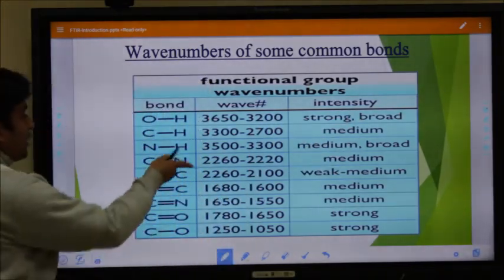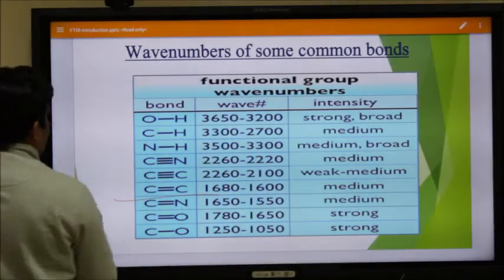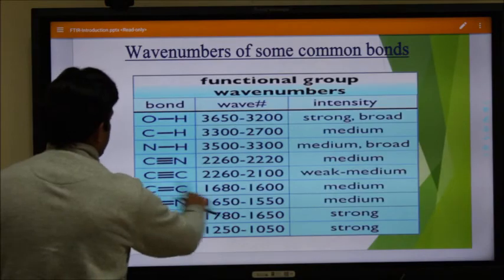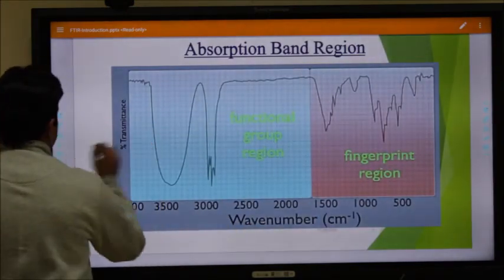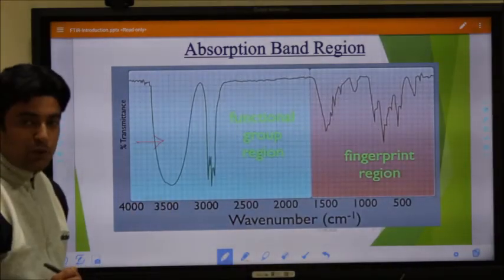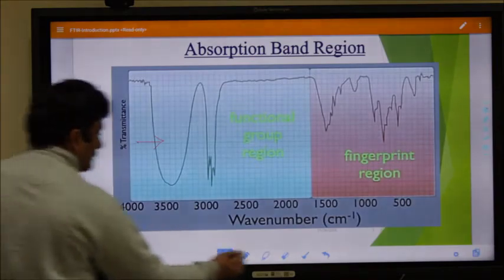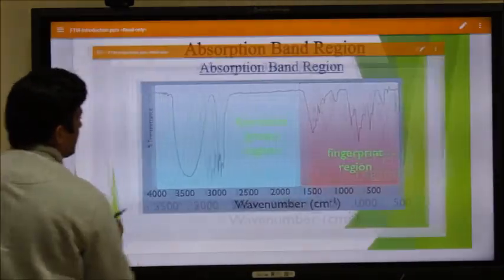Now to get an idea about this peak, we will go to the earlier slide. Observe this peak here. This is for the OH group. Let's move on to the next slide.